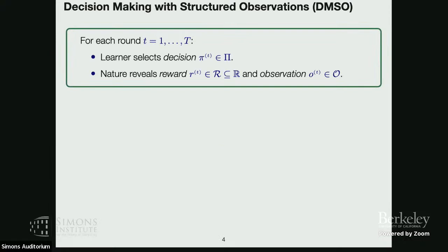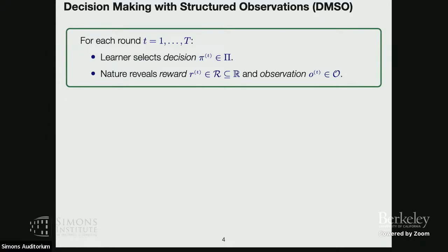For this talk, because I want to look at many different decision-making problems, it'll be helpful to adopt a general language for talking about them, which we call decision-making with structured observations. Again, this is really just a simple, unified language. The way this works is we play for capital T rounds, where at each round, little t, we first select a decision pi t.